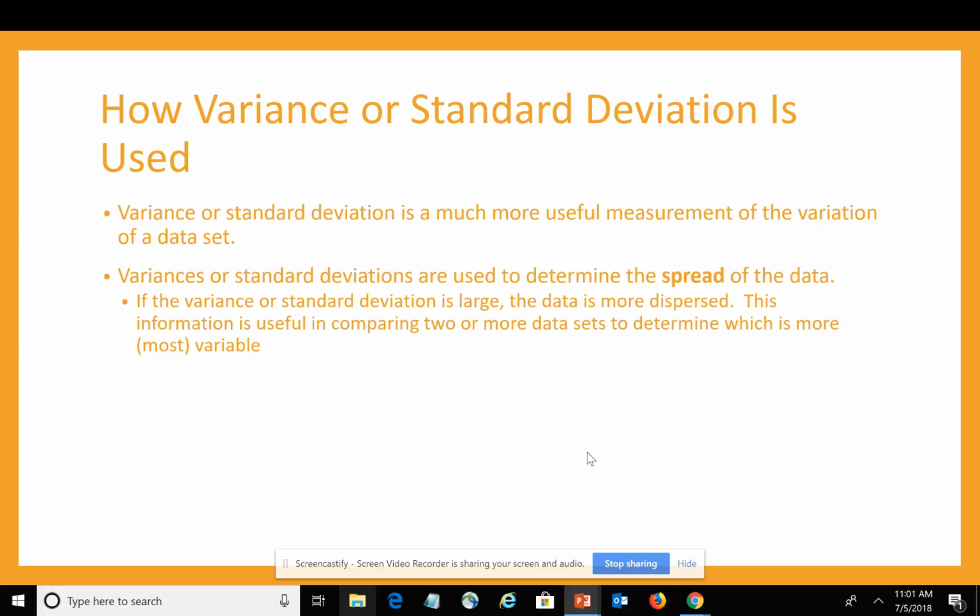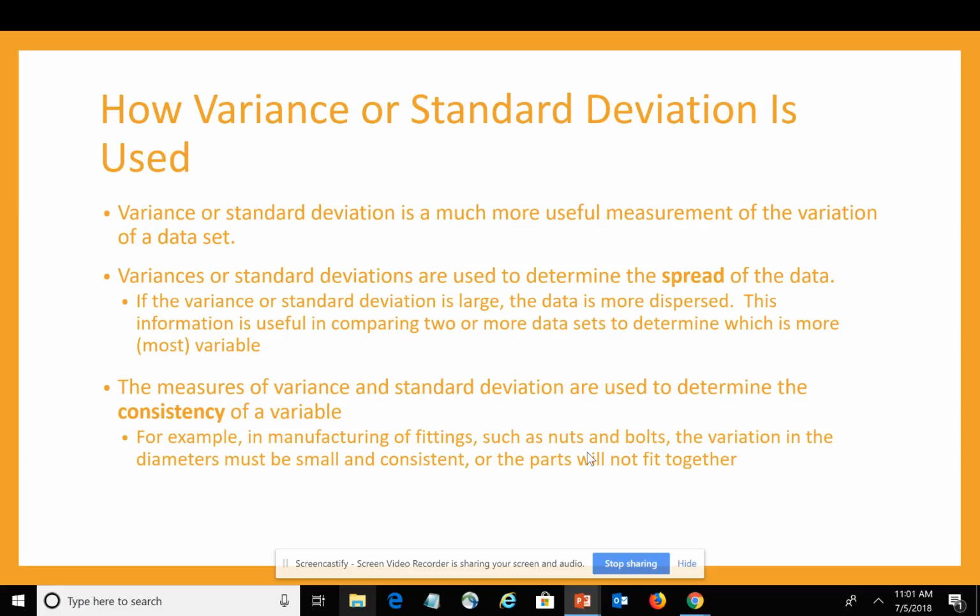If the variance or standard deviation is large, that tells us the data is more dispersed. And if we're trying to compare two or more data sets, we can look at which one has the higher standard deviation or the higher variance, and that tells us that that particular data set is more variable or more spread out.